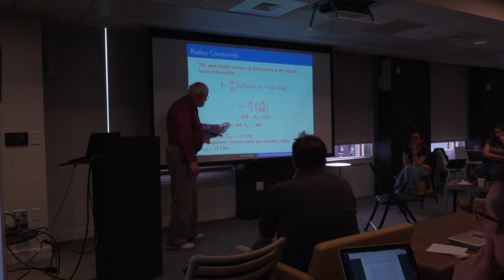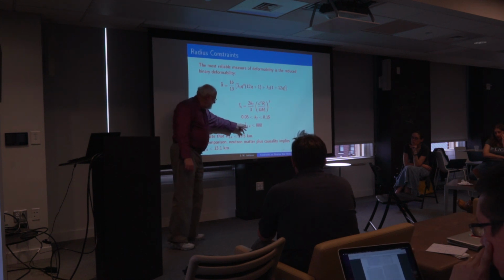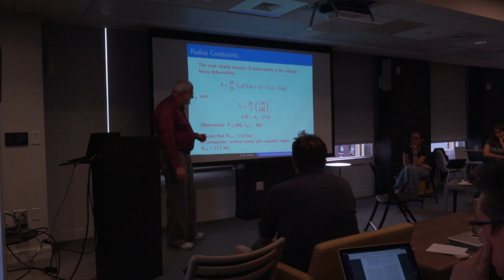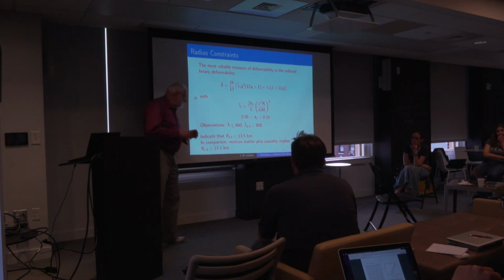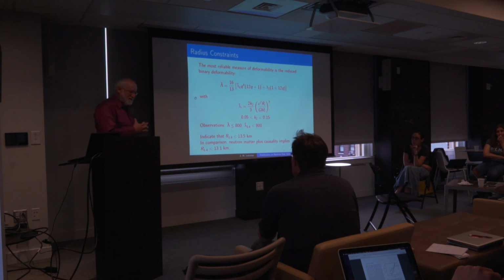The observations indicate that lambda bar is less than 800, and the individual lambda for 1.4 solar mass stars is also less than 800. Those are in the PRL letter. I'll argue that this indicates that the radius of 1.4 solar mass stars has to be less than 13.5 kilometers.